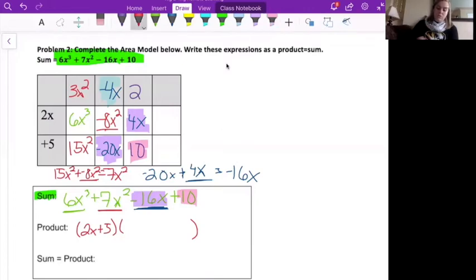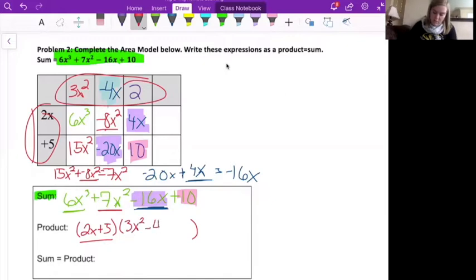So again, our height factor is already here. And so then now we write our length factor of 3x squared minus 4x plus 2.